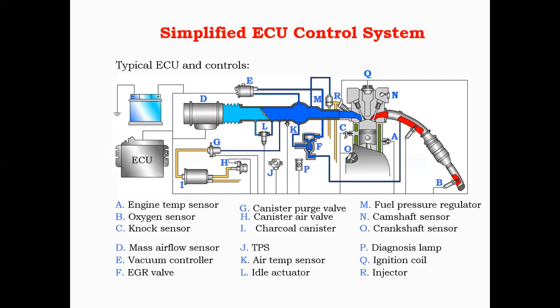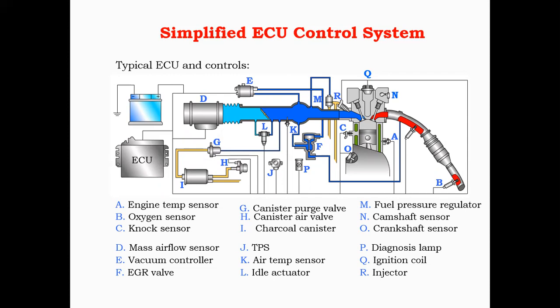So this is the simplified electronic control system, which is controlling the engine and the engine output power. First is the engine temperature sensor, which senses the temperature. If it is overloaded, it indicates this to the car driver.